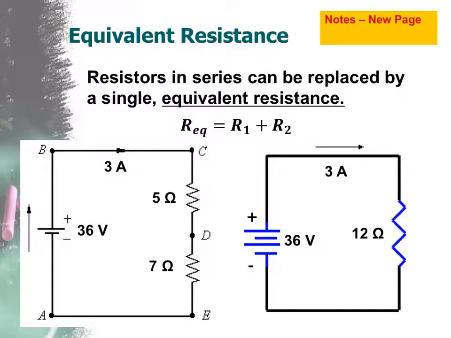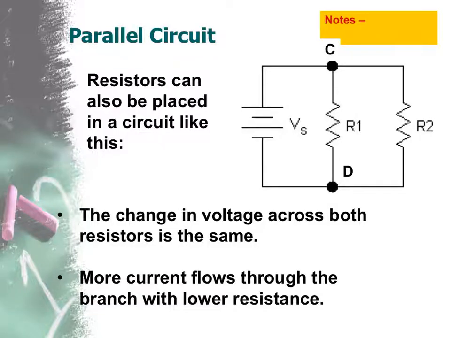Now, placing resistors in series isn't the only way that you can arrange resistors in a circuit. Here is another possible arrangement. So here, we have our battery again, but now when we get up here, the electrons in our circuit can either choose to go this way, or they can choose to go down here and flow through this resistor right here.